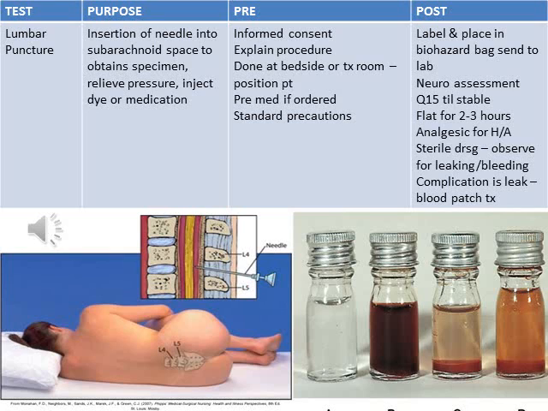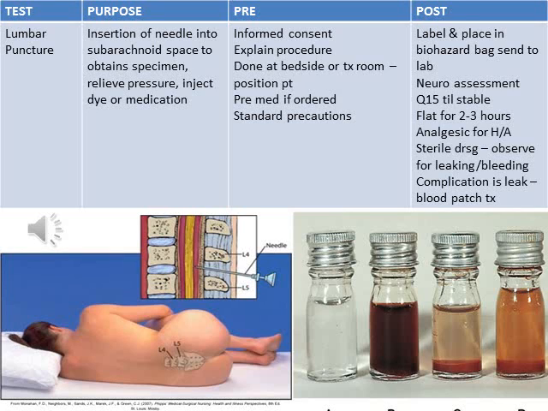If you look at the results down here, the first one is a clear sample, which is a normal sample. The second one shows a previous meningeal hemorrhage, that dark color.